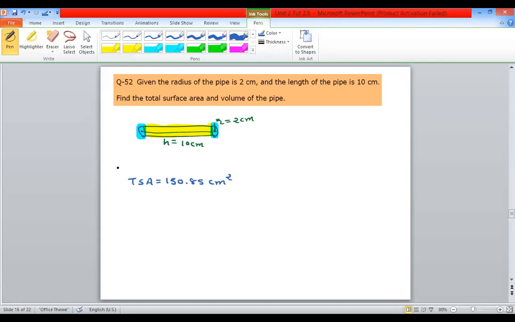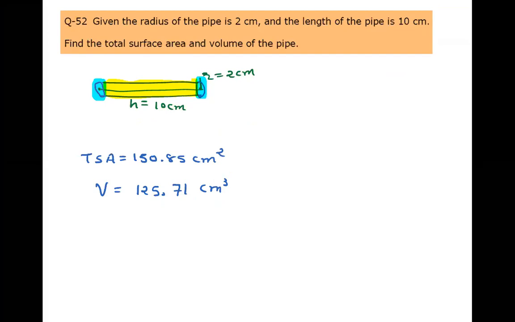Right. And volume is 125.71 centimeter cube. So the answer of the question is on your screen. Calculate it before you submit your tutorial.